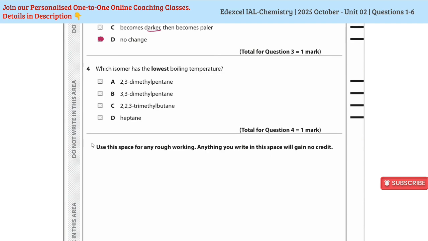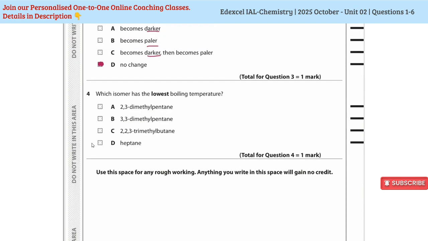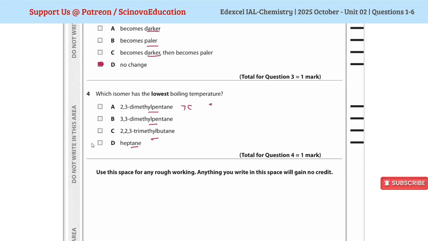Which isomer has the lowest boiling temperature? If you look at the 4 molecules given, all are alkanes and all have 7 carbons. When it comes to alkanes, the boiling temperature is determined by the intermolecular attraction forces, and the intermolecular forces we find in alkanes are van der Waals attractions.